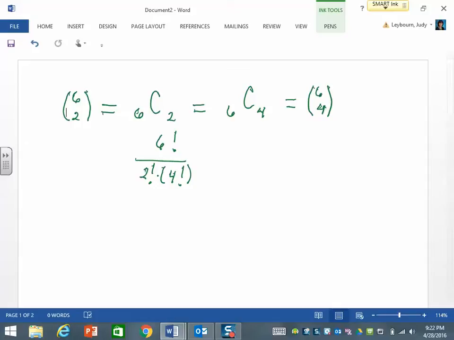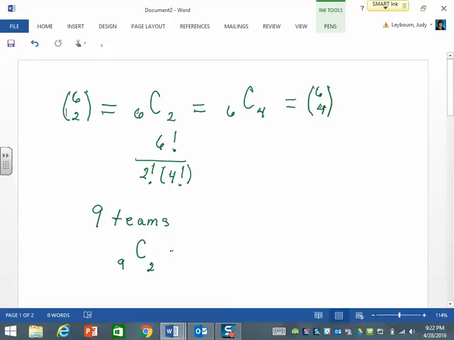If we look at how many games, let's suppose we want to find out how many games can be played if we have 9 teams and each team is going to play all the other teams once. So I have 9 teams, and a team can't play itself, so I have to choose 2. So 9 choose 2.